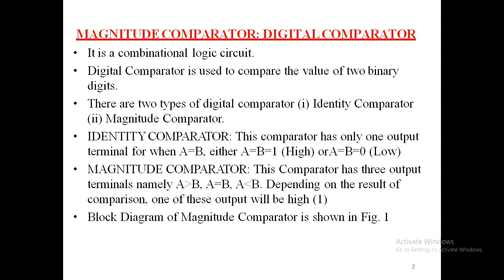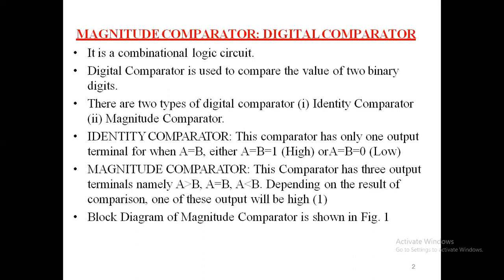For example, take n equal to 3. How many entries are there? 2 power 2 into 3, that is 2 power 6, which gives 64 combinations.